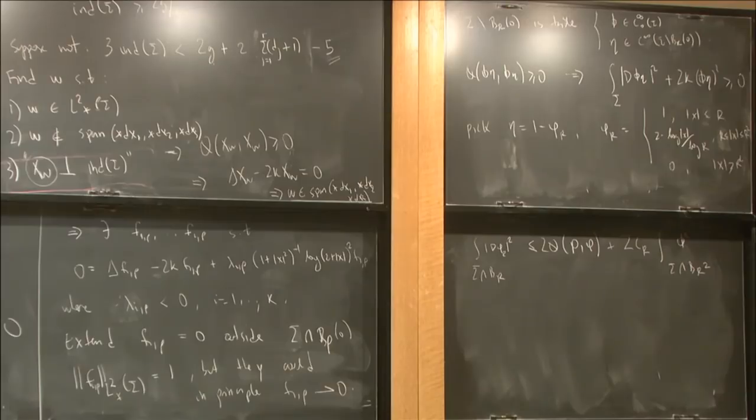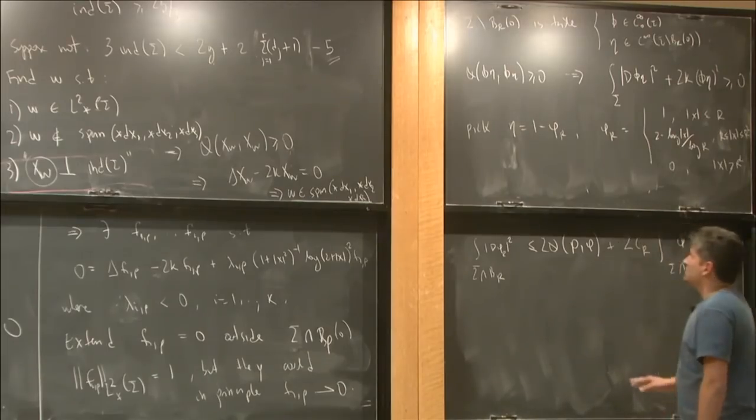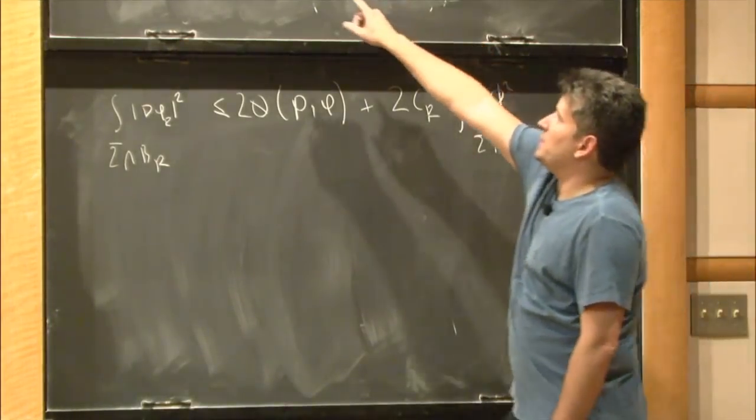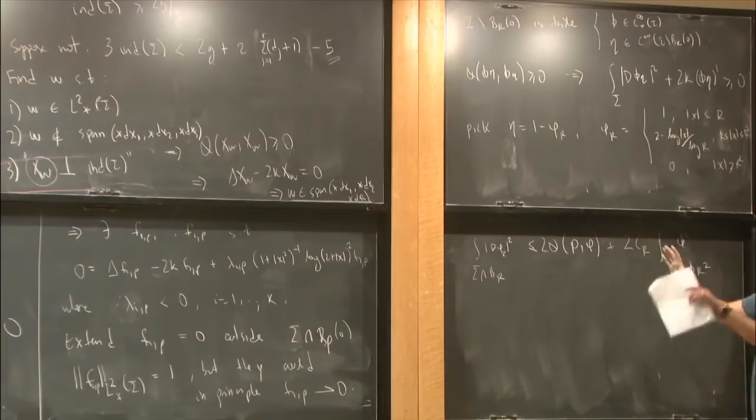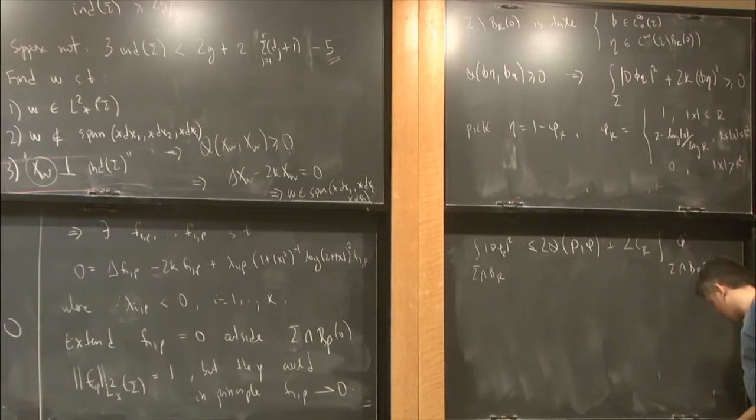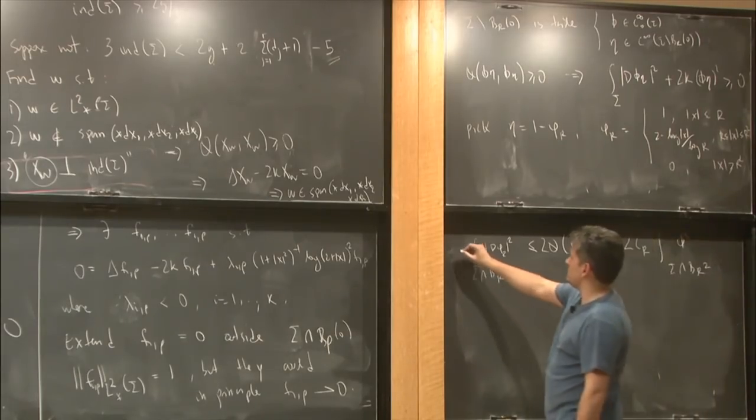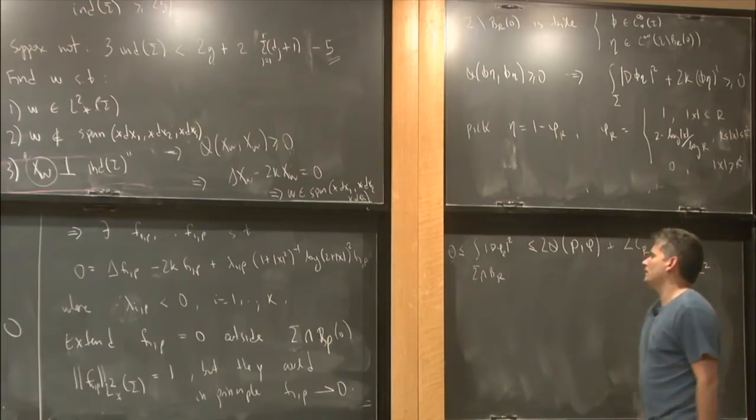I'm just making this eta and plugging that in, and then manipulating, expanding out the Q, right? I get an inequality like this, and this is greater than or equal to 0.